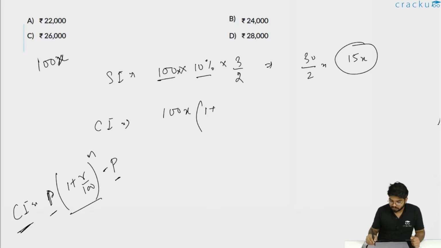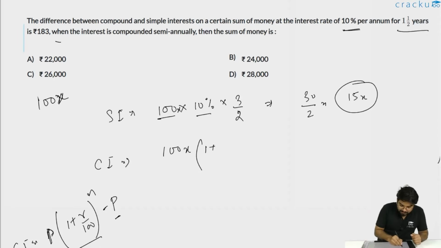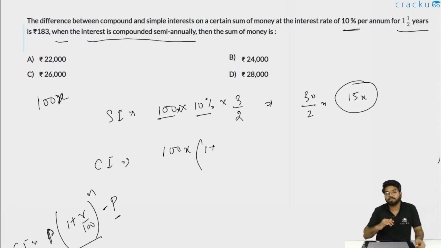Rate of interest is 10%, but that is per annum. We are given that the interest is compounded semi-annually, meaning in 1 year the interest is compounded 2 times. In the whole year it is compounding a total of 10%. It means the first time it is counting 5% and the second time another 5%.